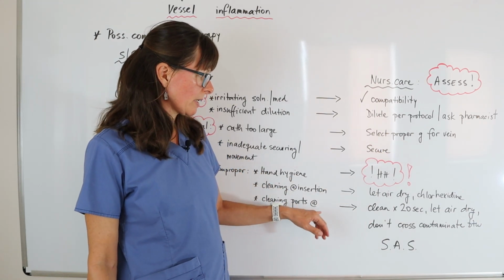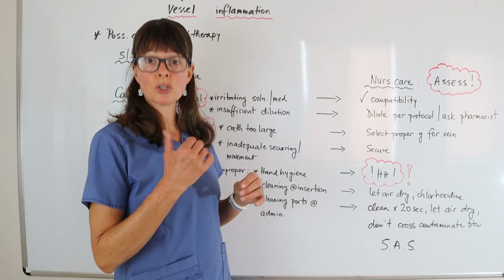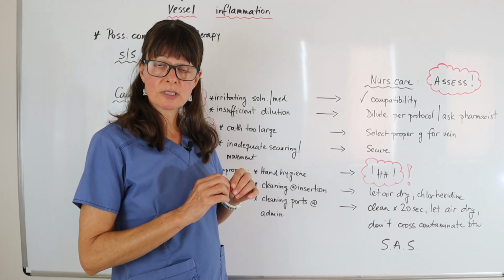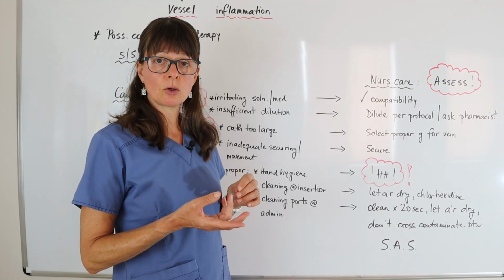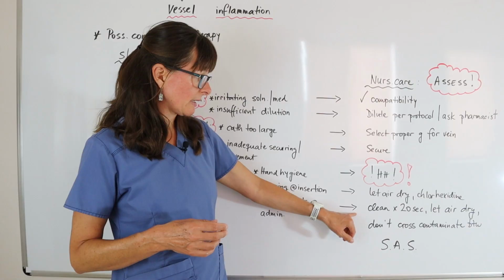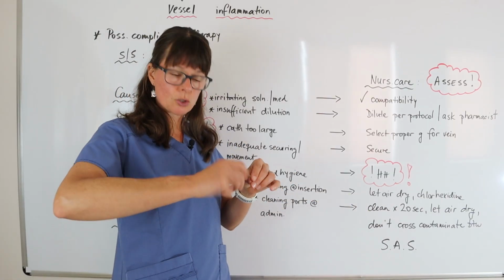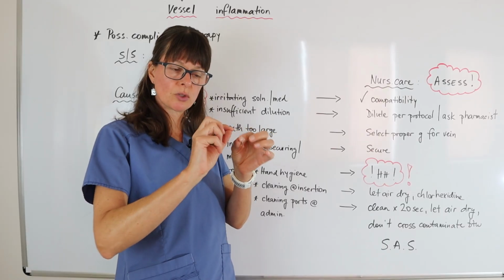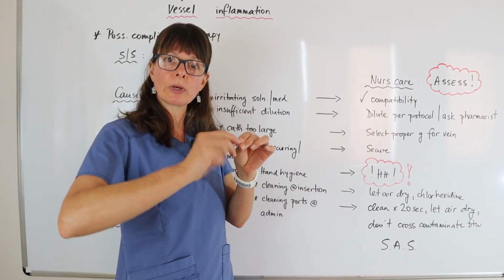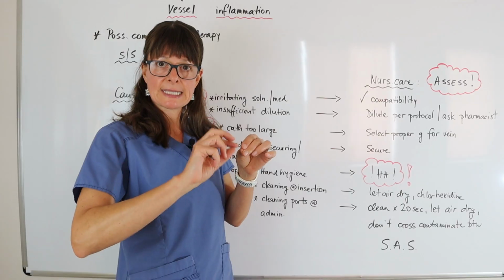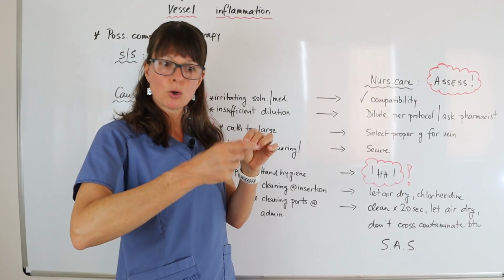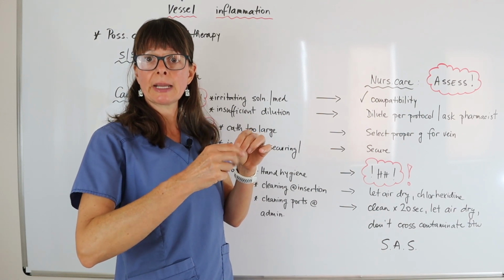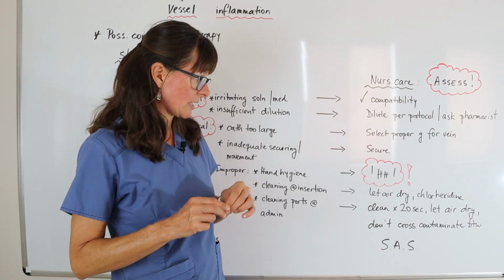Now, when we do administer medication or just flush the ports, we need to make sure we clean the ports appropriately, usually with alcohol solution, and that recommendation is here for 20 seconds. So vigorous scrubbing, because remember that luer lock is like a screw, so there's a lot of tiny pieces to it, and we need to make sure we get that saturated, get that twisty motion, that vigorous scrubbing to eliminate any kind of cross-contamination here.